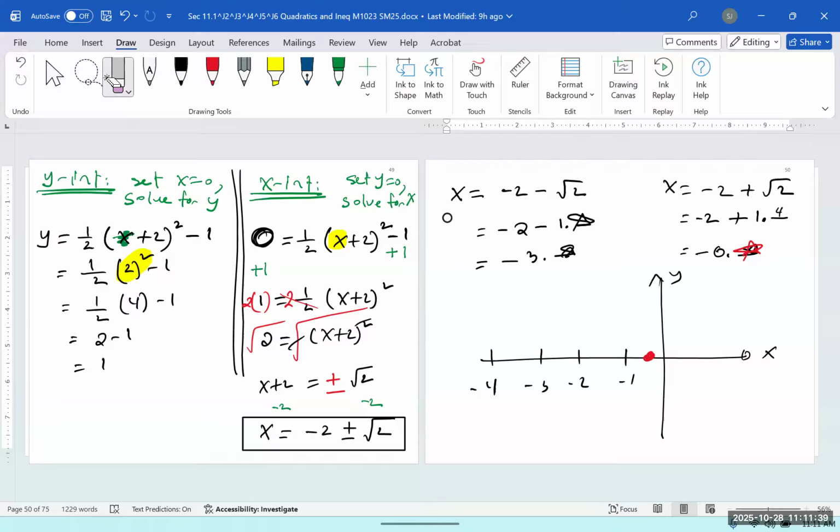So -3 point something is between which two numbers? It's between -3 and -4. Somewhere, anywhere. But you can't be too close, like 3.9, too close to 4. You're approximating.